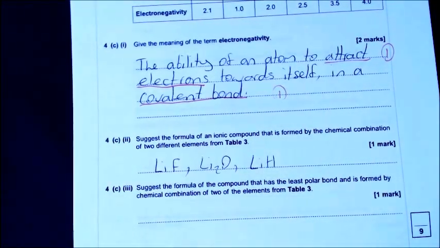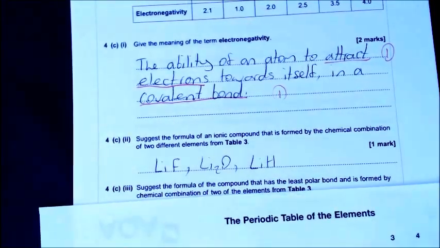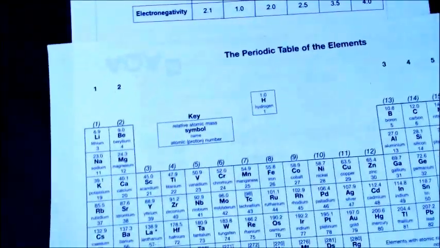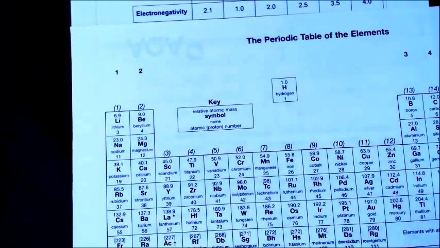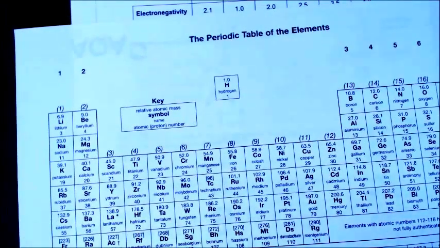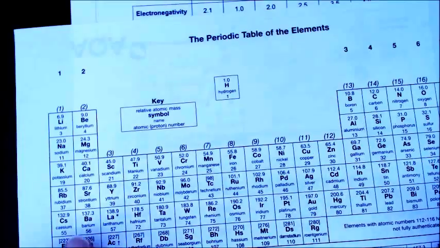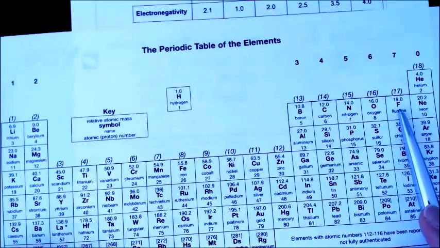Lithium is in group 1, so if I pull in the periodic table. Okay. So lithium is in group 1, and we said fluorine, which is in group 7, which is over here. Let's bring it into focus.